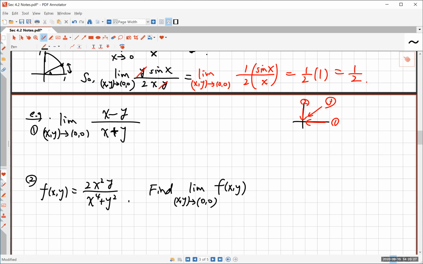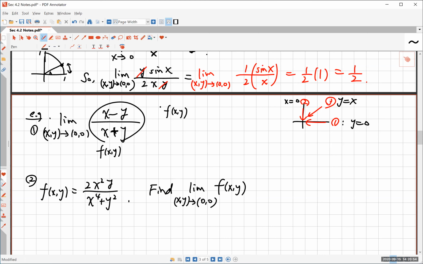And what path can you consider? Well, that's a pretty difficult thing to answer in general, right? But if you think of this as f of x, y, let's think about this. 1 is the path where y is equal to 0. 2 is the path where x is equal to 0. 3 is the path where x is equal to y, right?